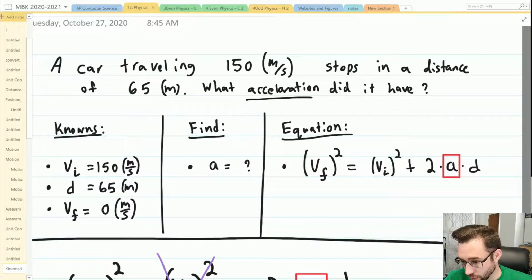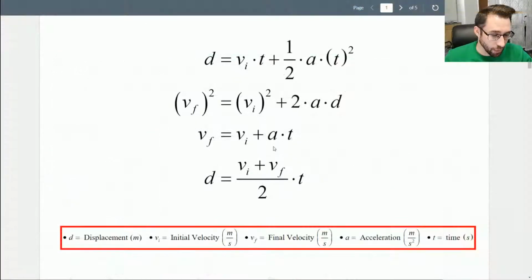Now, if I look back at my equations, a traditional physics teacher would only give you guys these equations. Okay. And they would say, with the same problem, figure out which one of these equations you can use and then do the algebra to get the answer. Okay. So the equation that we used in this situation was what?